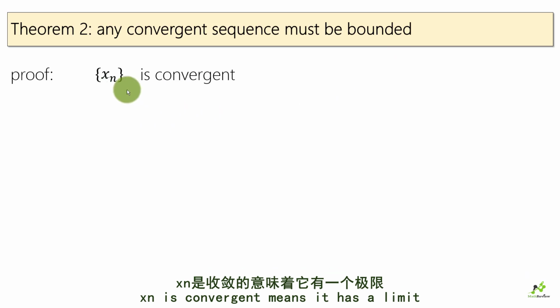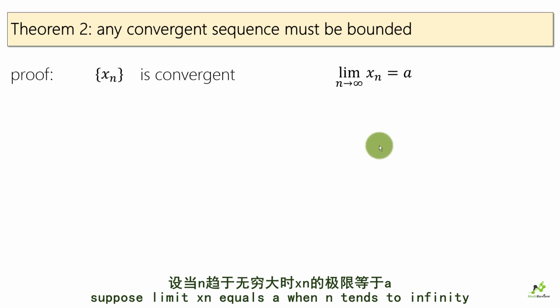xn is convergent means it has a limit. Suppose limit of xn equals a when n tends to infinity.